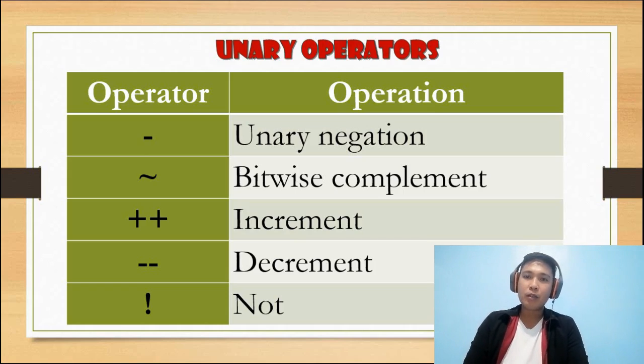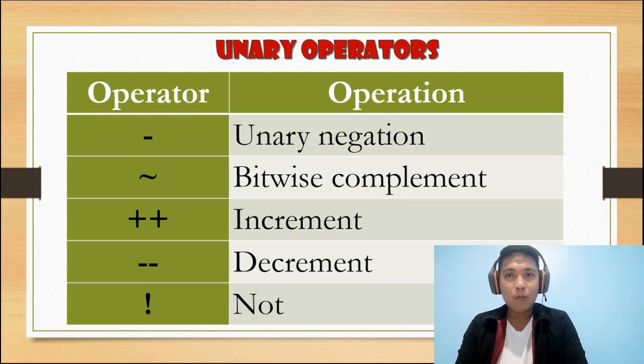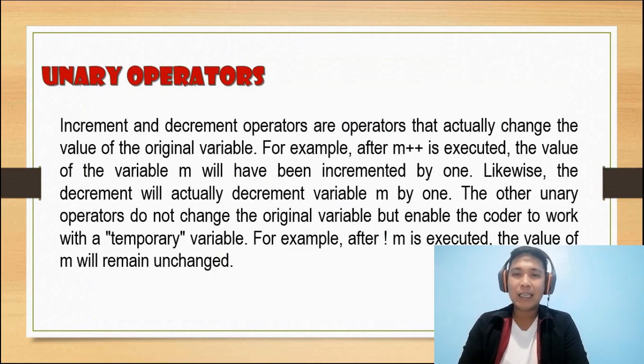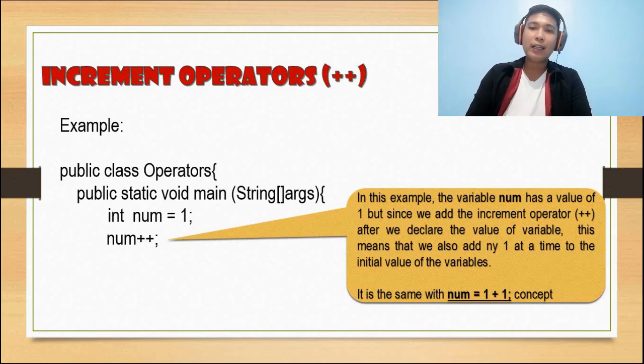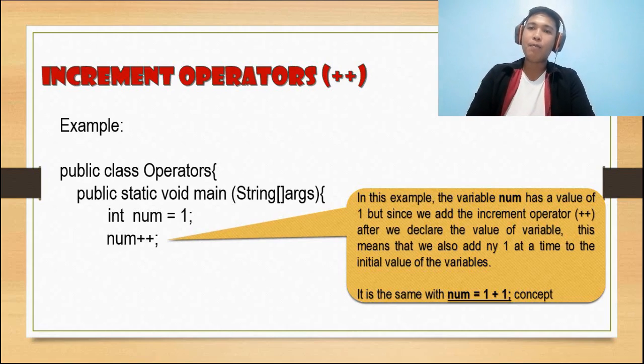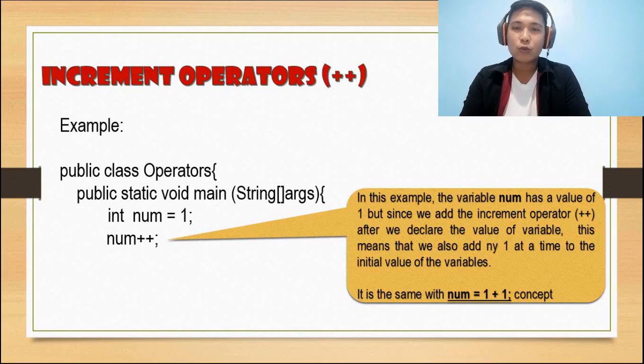So, ano nga ba itong mga operators na to? Or paano siya ginagamit? First, let's have the increment operators. Okay? An increment operator is used to add 1 to the initial value of a variable. For example, we have int num is equal to 1.